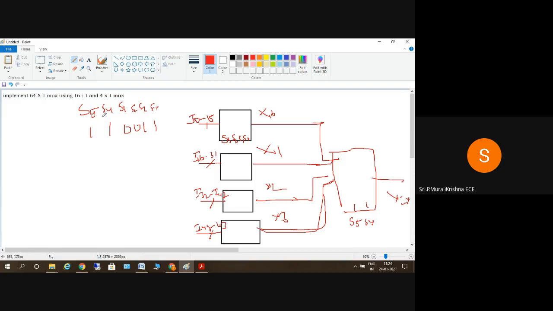In this one, the values are 0 0 1 1, so it is the third value of this x3. So 48 is 0, 49 is 1, 50 is 2, and 51 is 3. So the output y is equal to the 51st input when the selection lines have this value. Clear?